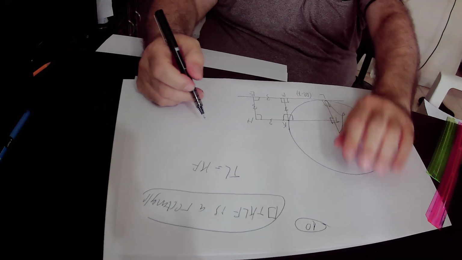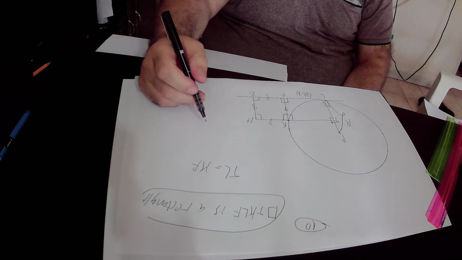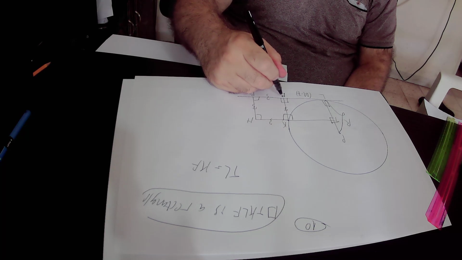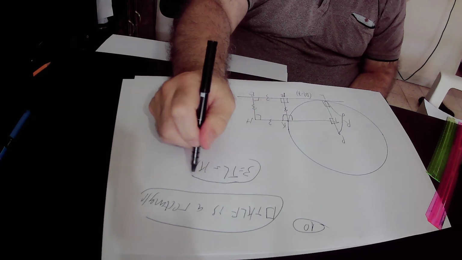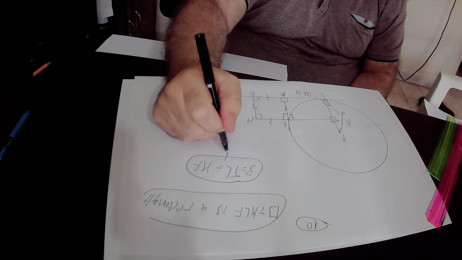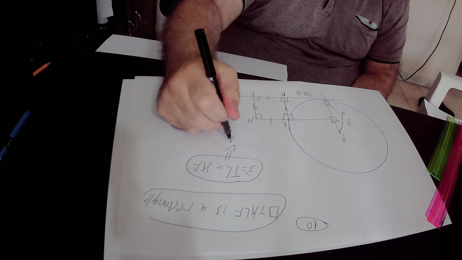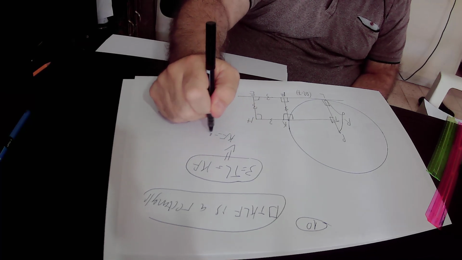But here KF is the side length of the square, which equals 3, and from this equation 3 equals TL equals KF, we derive that KF is also 3.